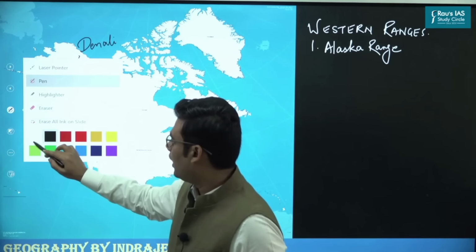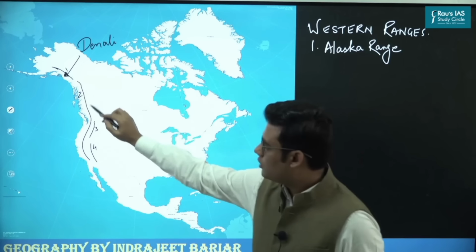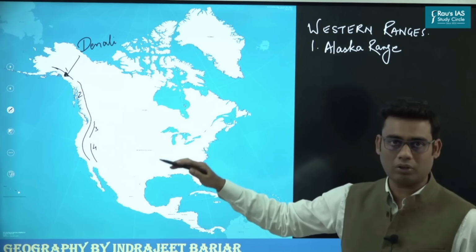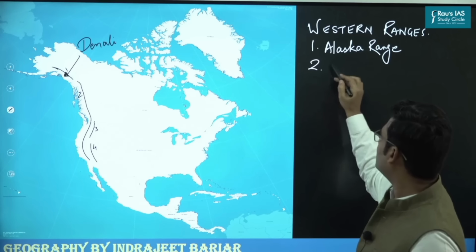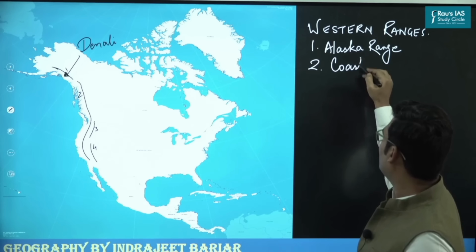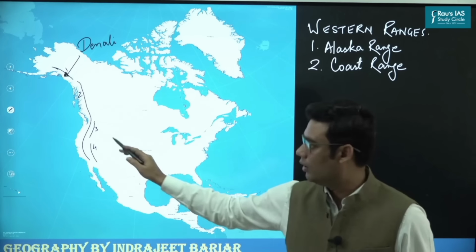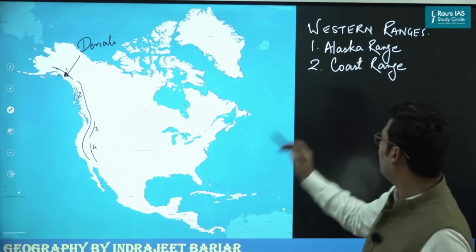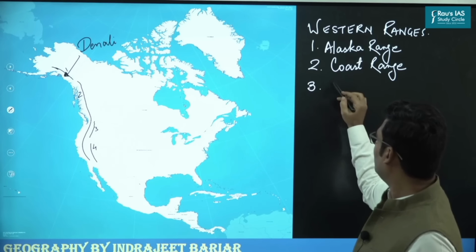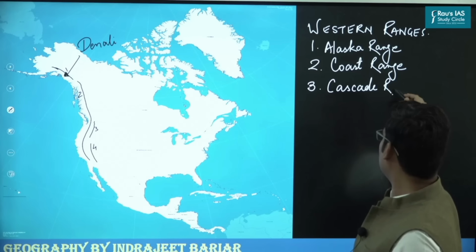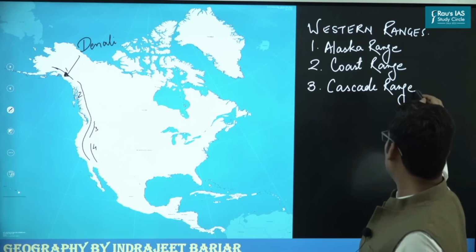Then if you look at the second one, this second one is running right across the western coast of North America. And this one is what we call the Coast Range. Likewise, the third one over here is what we call the Cascade Range.